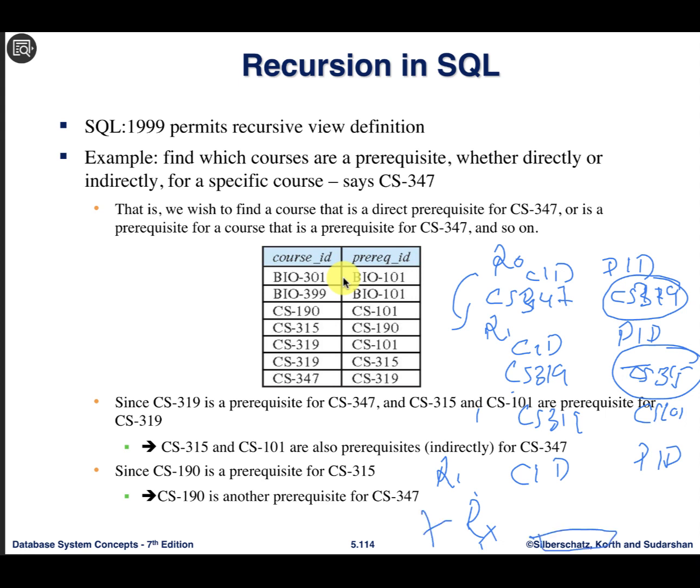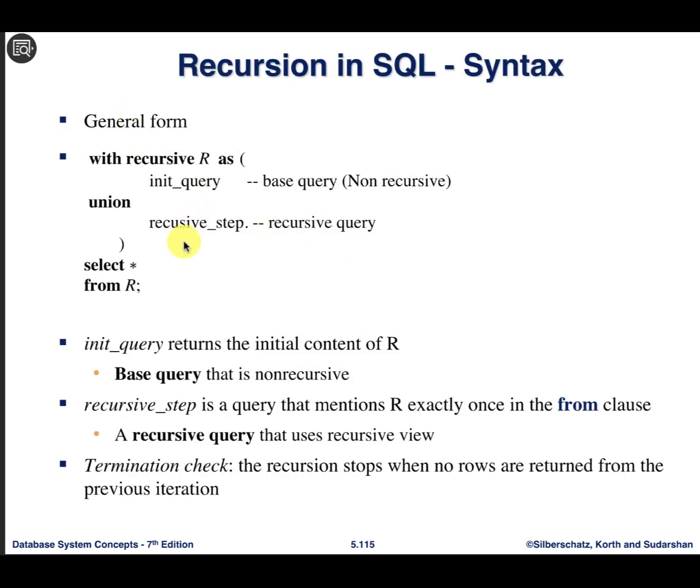Then you join all these sub-relations in order to build one big common table expression value, which is going to be used in the query. So this is how it looks: we have a non-recursive part and a recursive part, and we have a termination check. As long as the recursive part produces a relation that contains data, you continue this operation. Okay?